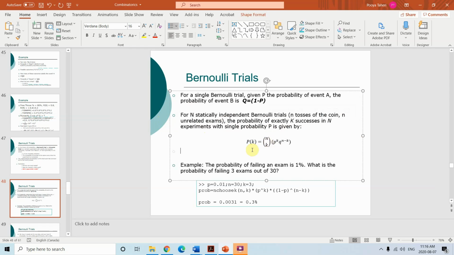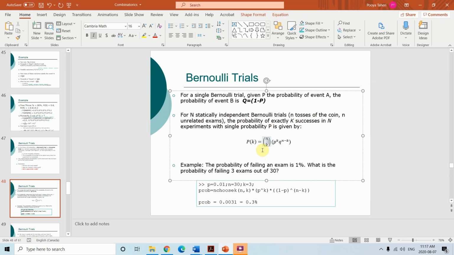So we basically have to choose, out of these n coin tosses, or n exams, or n independent events, how many ways we can select 4 of them to be specific to event A, right? So we have to choose k out of n, n choose k, right?